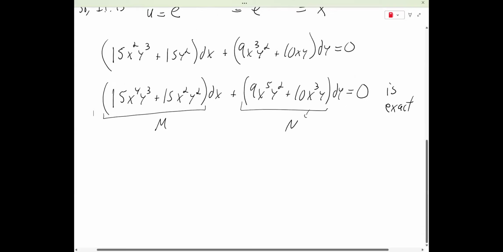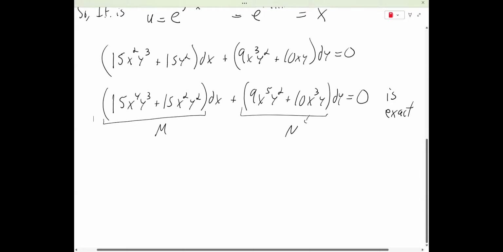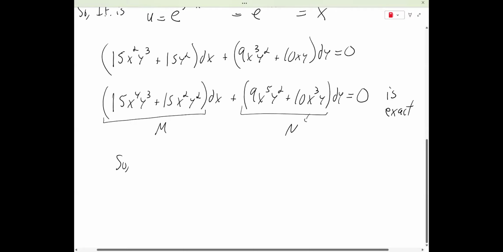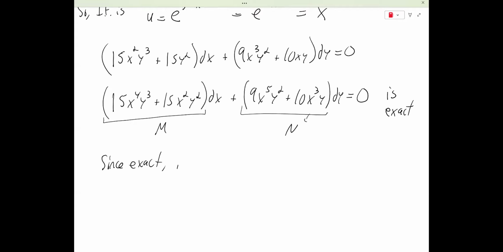So since it's exact, M is equal to the partial of f with respect to x, I'm sorry, and N equals the partial of some function with respect to y, for some f of x, y.